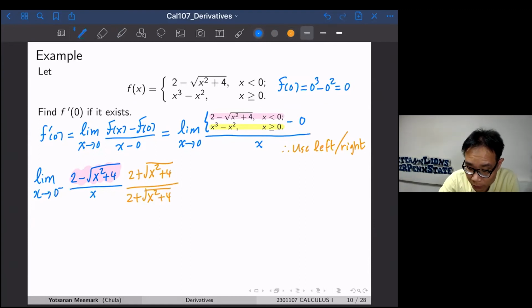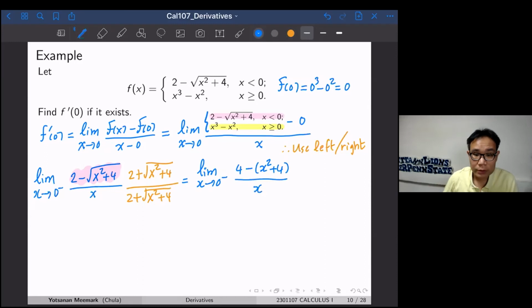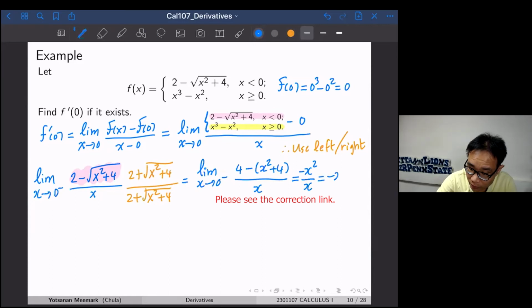So this one will become the limit as x goes to 0. Okay, it's going to be 4 minus x squared plus 4 over x. Okay, and this will be x squared over x. Okay, so it's going to be negative x, and the limit turned out to be equal to 0.